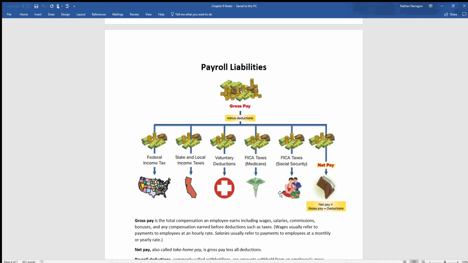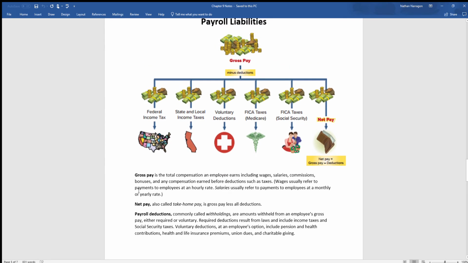This chart right here basically gives us the major ones. So, first off, of course, is federal income tax. Basically, the withholding that you see on your paycheck that says federal withholding, that's paying the income tax. Now, we will have some of that so that you don't owe taxes on April 15th.